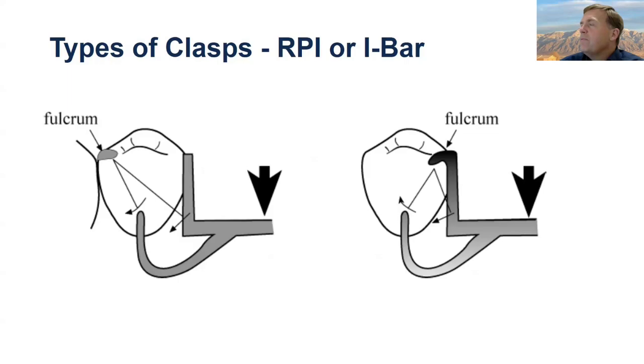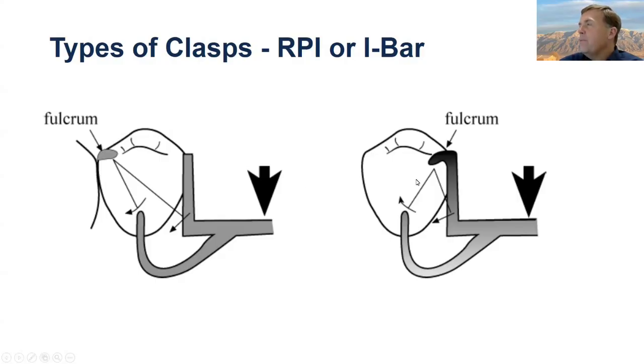So a lot of times, and I've seen this, I've done this, need to not do this. When we're dealing with the class 1 and class 2 cases, again, we know that the tissue is going to depress, so we know that the saddle is going to move. And an I-bar is our best solution for these cases. Because we need a mesial rest, a distal guide plane, and then our buccal I-bar clasp. The reason that we want this design is because when the person bites down, this can move gently, and it doesn't put very much torquing force on the tooth at all.